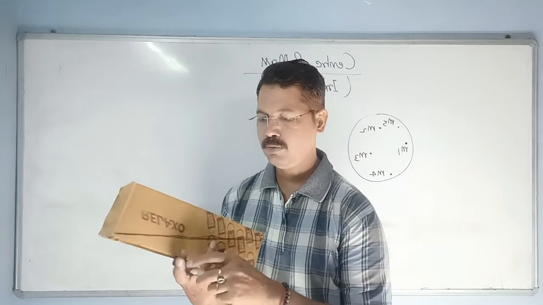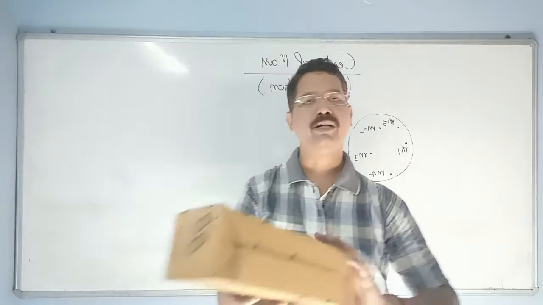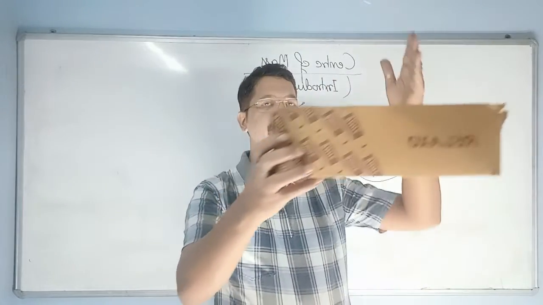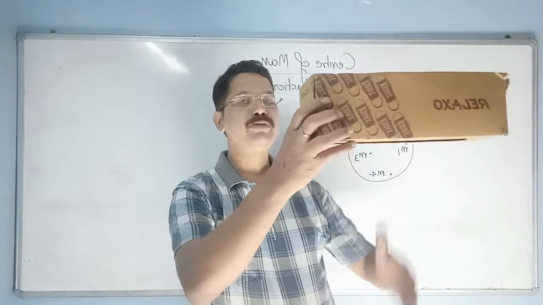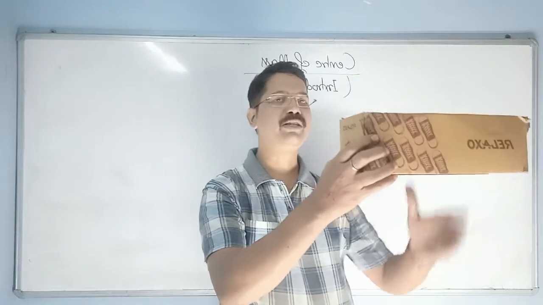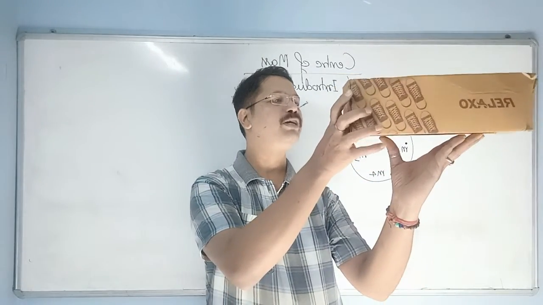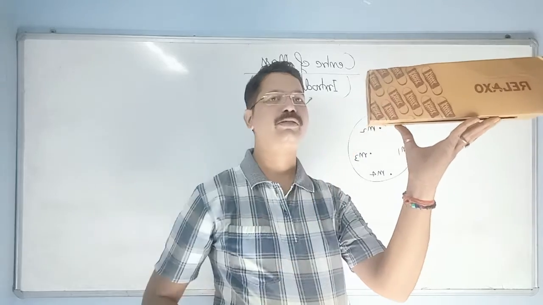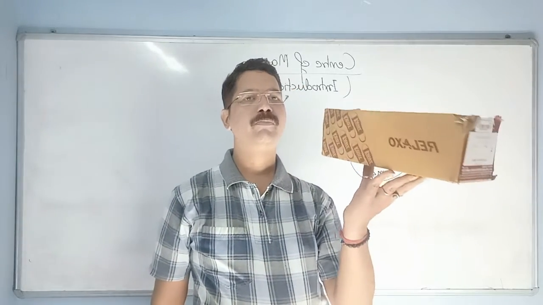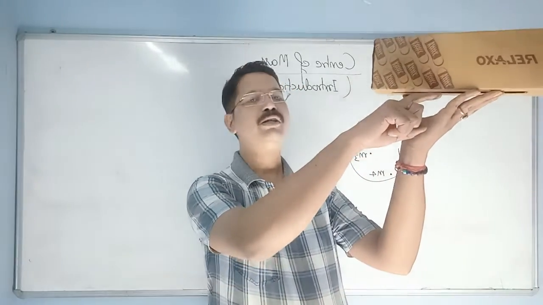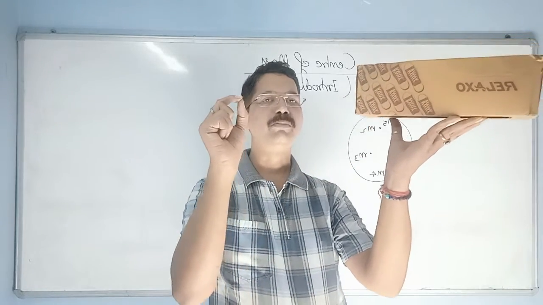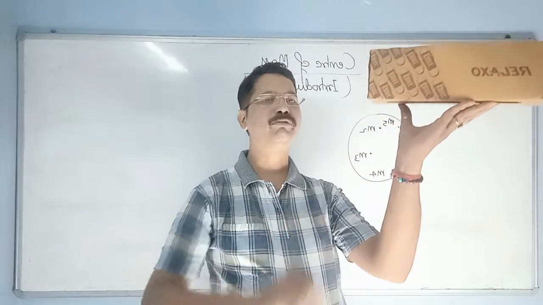So what is acting on this body? In the downward direction, mg, the force of gravitation, is acting. So I hold the body like this, and there are point masses here: 1, 2, 3, 4, 5.